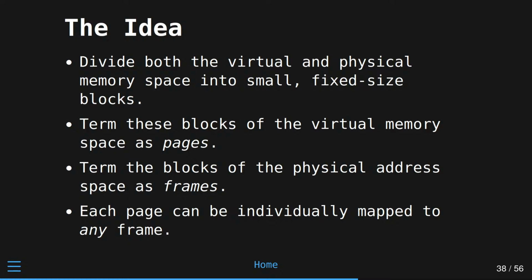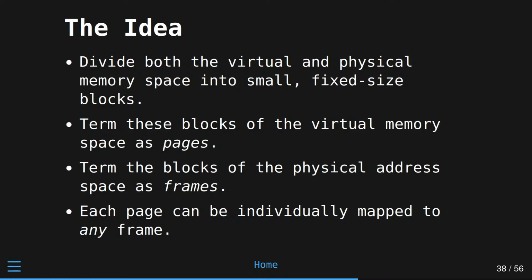Okay, here's the idea. You're like, wow, this segmentation problem's kind of bad. What should we do about it? Well, what if we make chunks of memory of a size in between words and all of memory, maybe even logarithmically in between, and then we don't move any of those chunks around, but we provide hardware support for regarding memory that goes across chunks as being contiguous, whether it's physically contiguous or not.